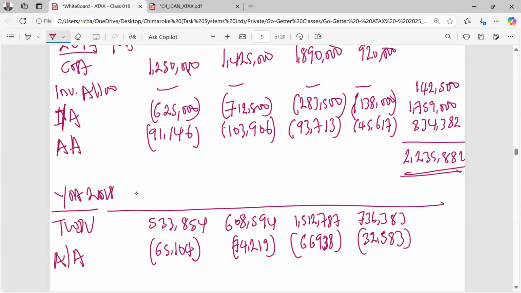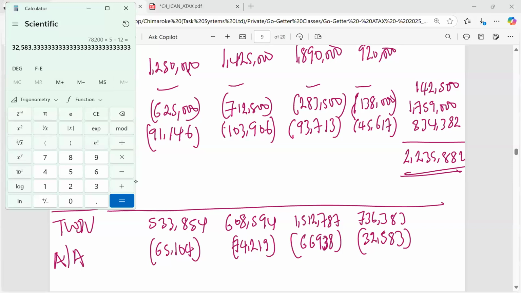All right, let's look for the total. So we start all over. We have 65,104 plus 74,219 plus 66,938 plus 32,583.